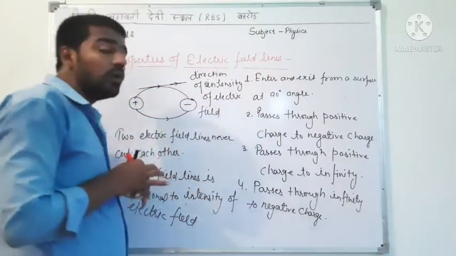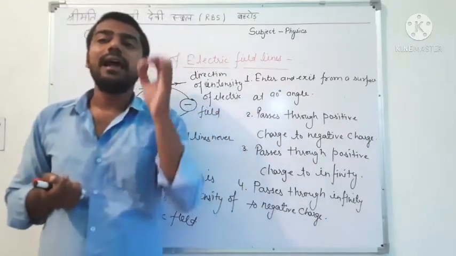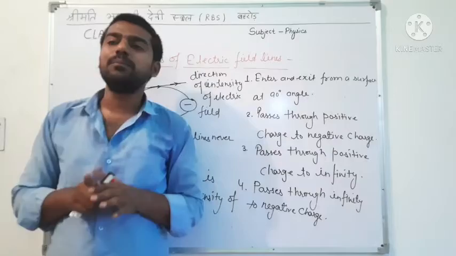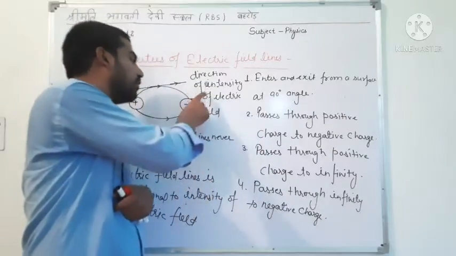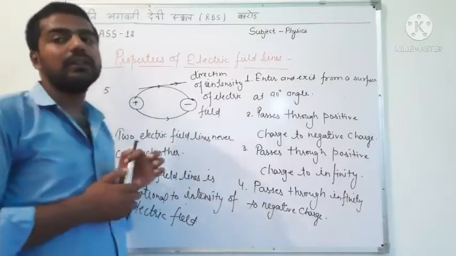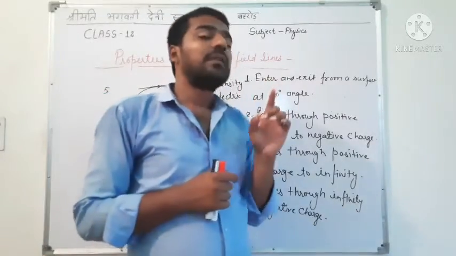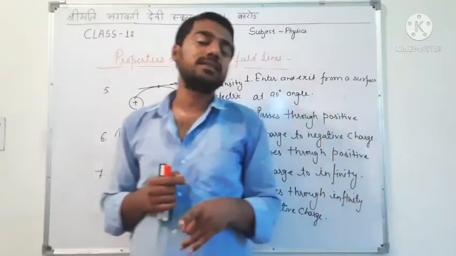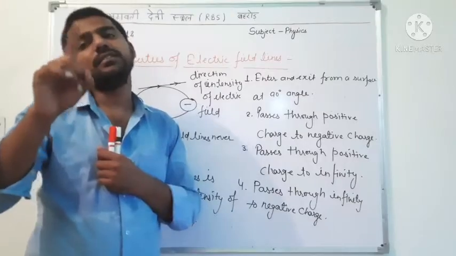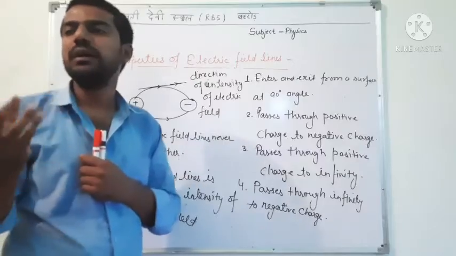The sixth: two electric field lines never cut each other, because if they cut, then at the cutting point we draw more than one tangential line, representing more than one direction of intensity of electric field, which is not possible. And the seventh is, electric field lines are proportional to intensity of electric field. If an area has many electric field lines, then the intensity of electric field is very high, and if fewer, then it is low. So they are proportional to each other.